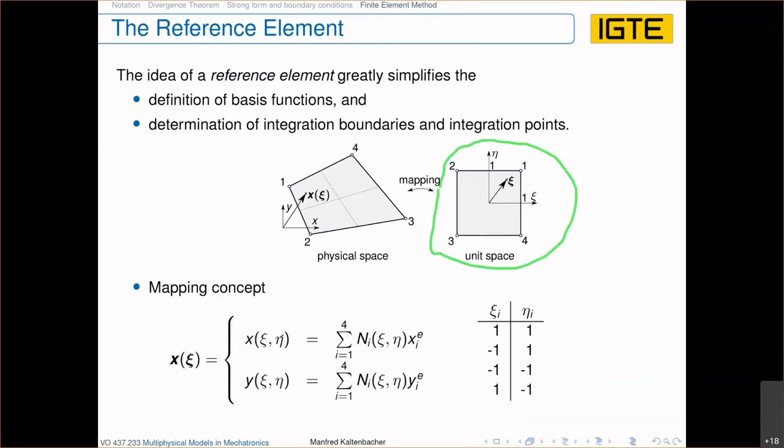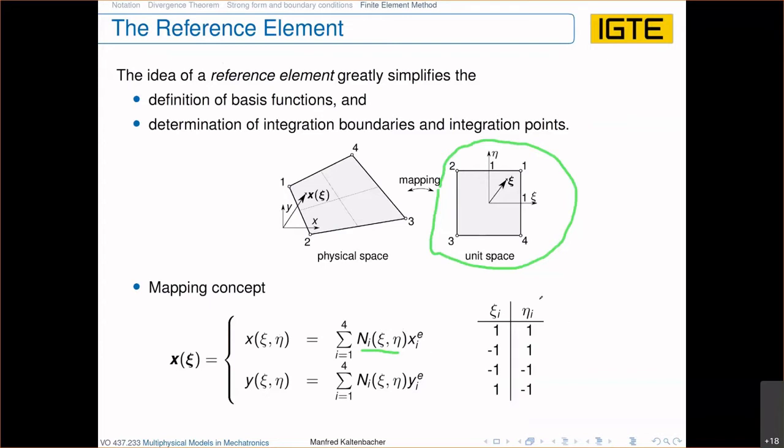And we can also write it as a sum in this case, where xi and yi are the global coordinates of the 4 nodes, 1, 2, 3, 4, the x coordinate and the y coordinate. And we have here so-called basis functions Ni, which are functions of the local coordinates xi and eta.